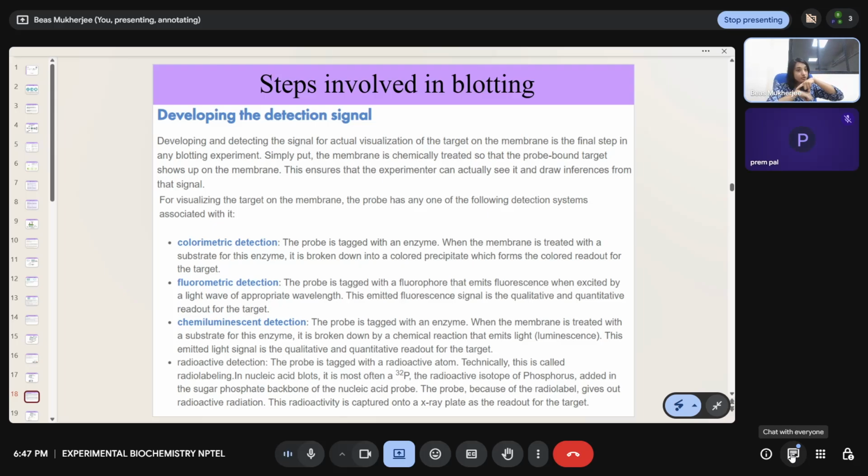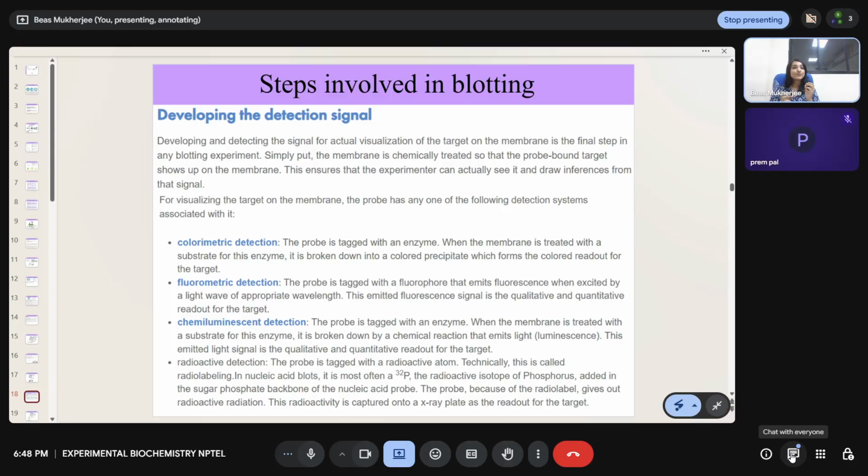Probe is also an oligonucleotide, which is once again single-stranded DNA or single-stranded RNA. But probe often has a label to it. So it can either be radioactive label or chemiluminescent label or fluorescent label, but it will have a label for detection. But primer will never have any label to it. So that is the difference between a probe and a primer.